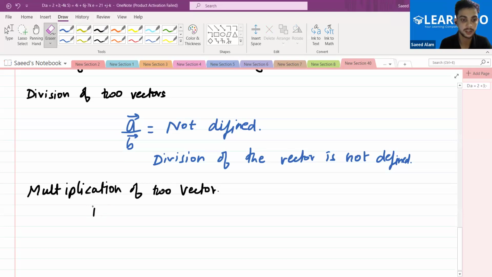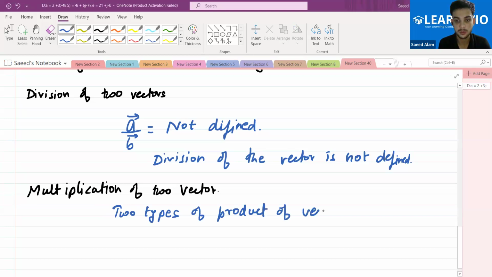Let me write it here first of all. Let's write it in this way: two types of product of vectors are defined.